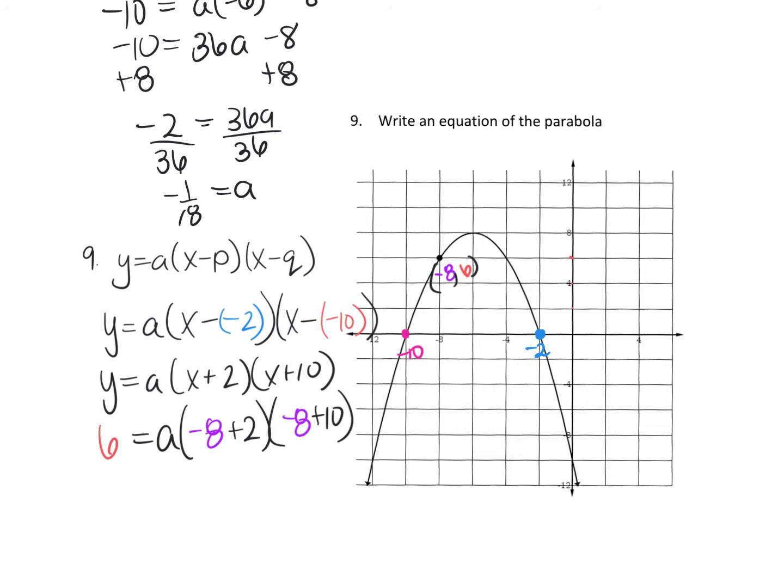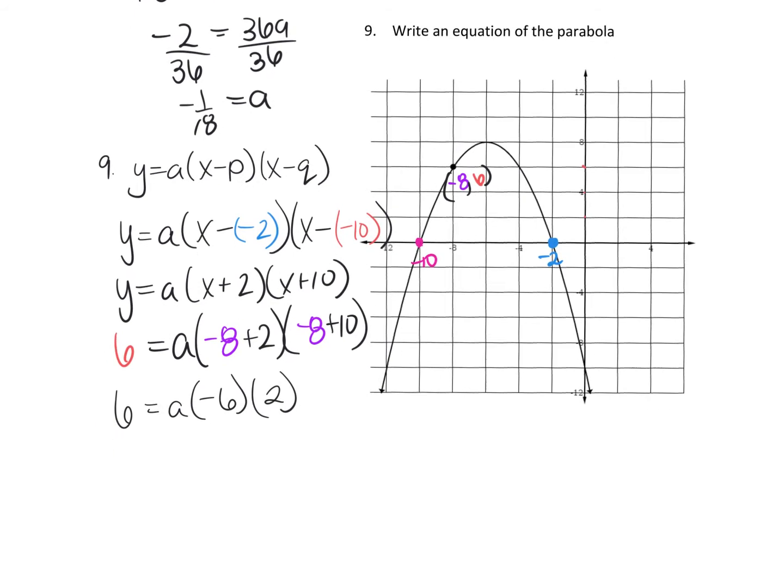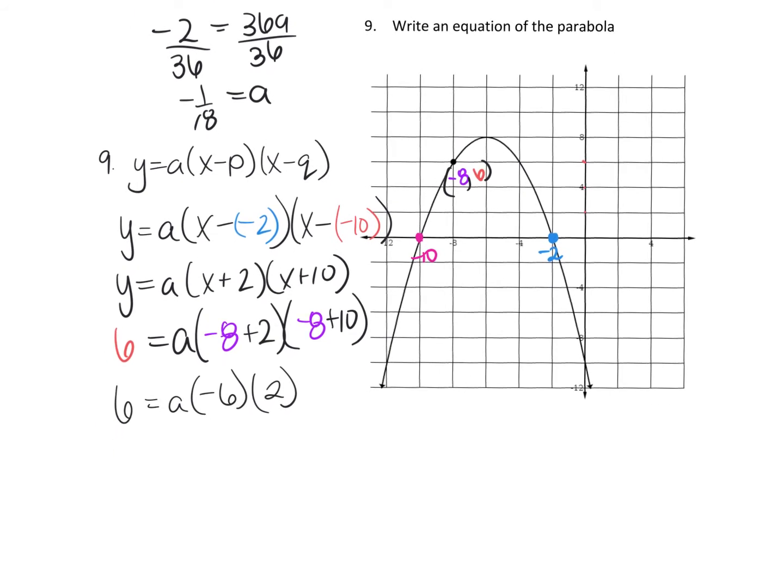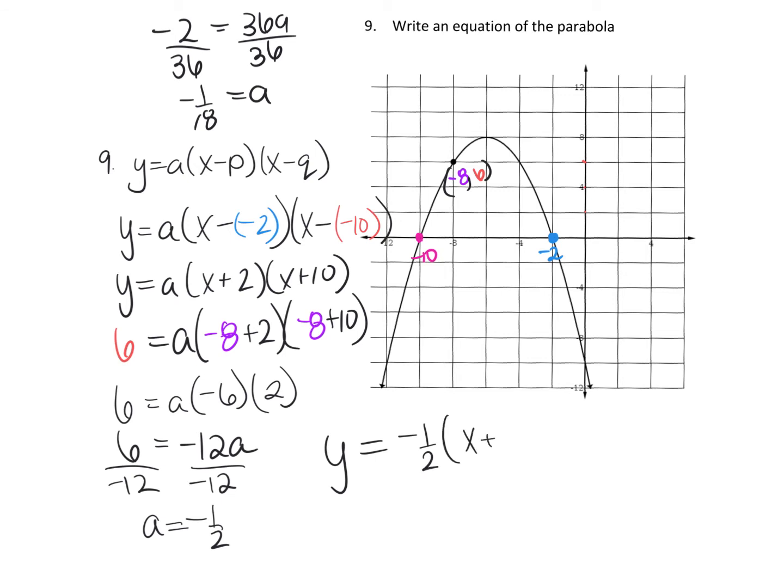And so we get 6 equals a times -8 plus 2 is -6. -8 plus 10 is 2. -6 times 2, remember I'm multiplying, is -12a equals 6. Divide by -12. And a is -1/2. Make sure you reduce your fractions. So my answer, y equals -1/2 times x plus 2 times x plus 10. I'm using this equation to write it.